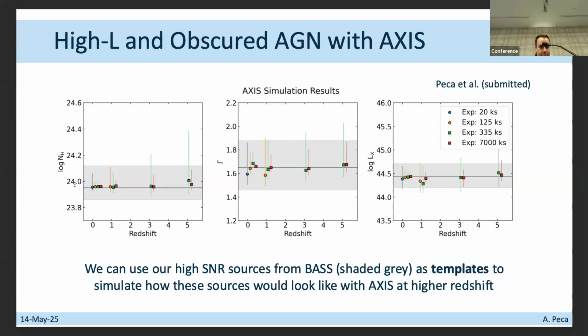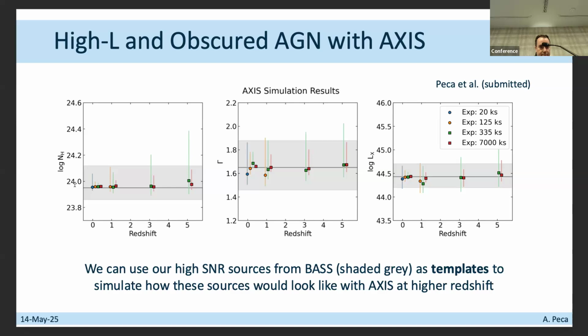Very briefly, here you can see the shaded gray are the results from our spectroscopy, which you can consider the gold standard in terms of error bars. And you can see that AXIS with exposures around or below 100 kiloseconds can improve these studies up to redshift 1, more or less.